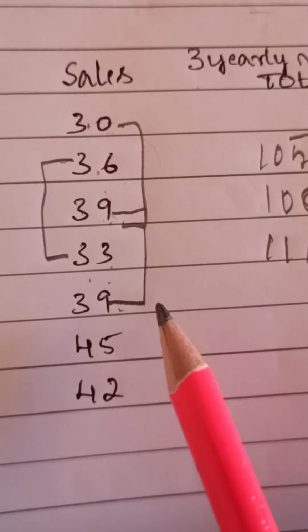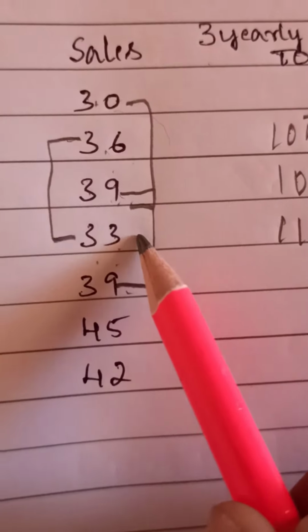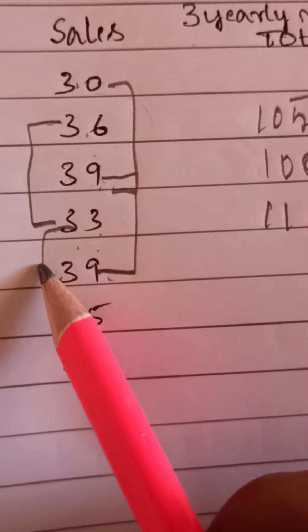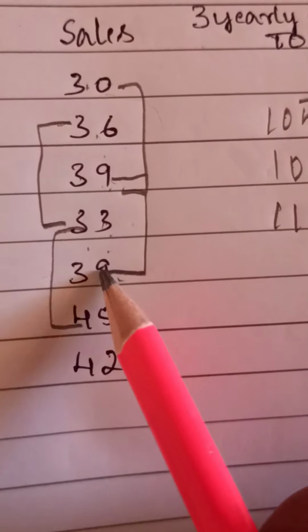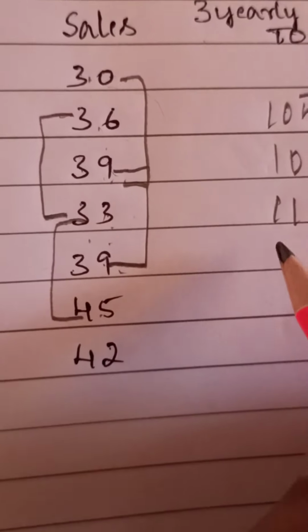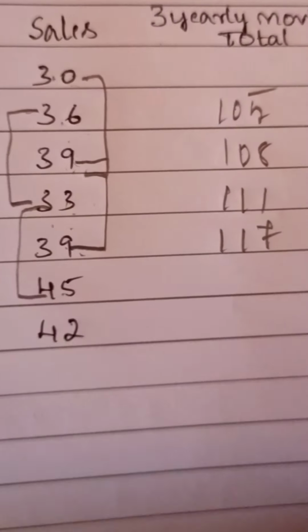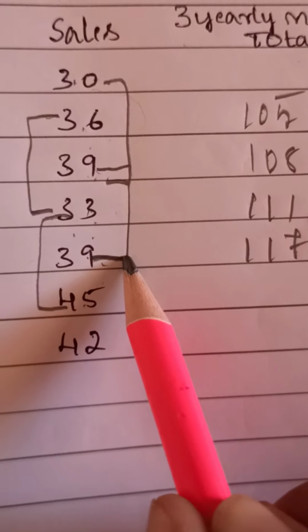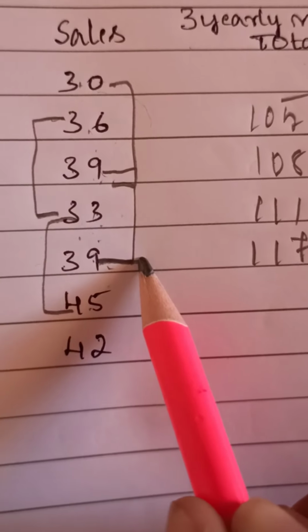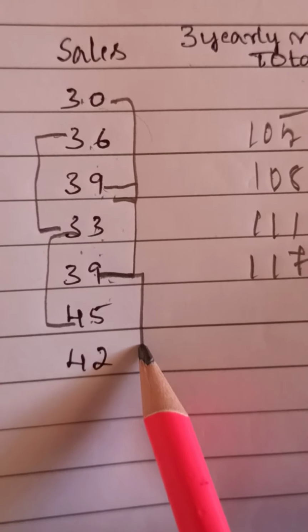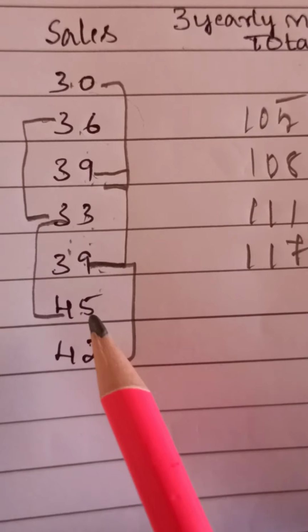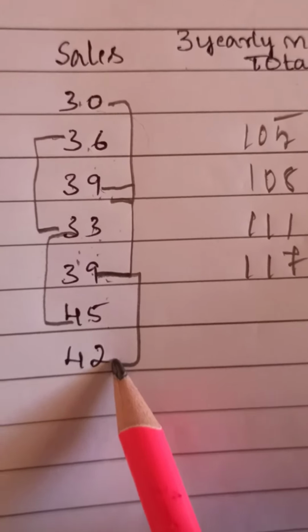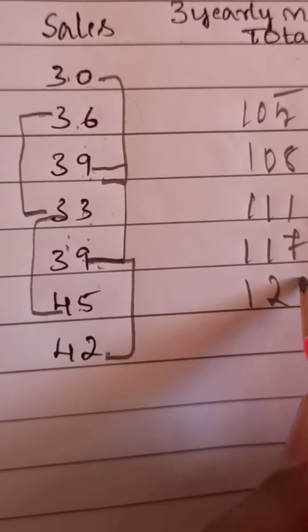Then again 33, 39, 45, 3 years, you will get 117. Then again from 39, 45, 42, you will get 126.